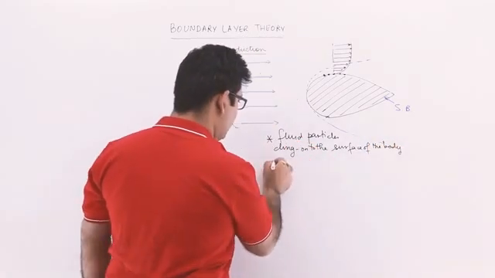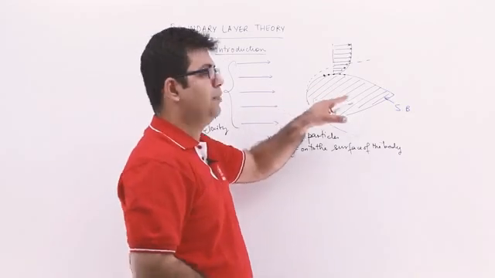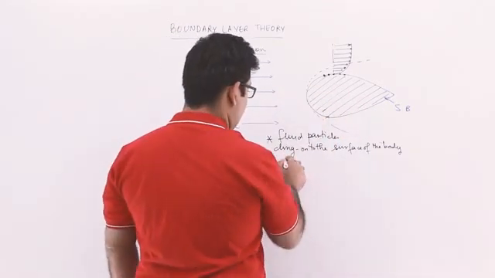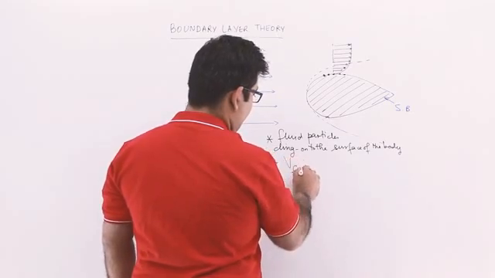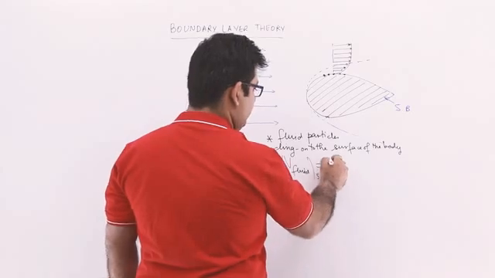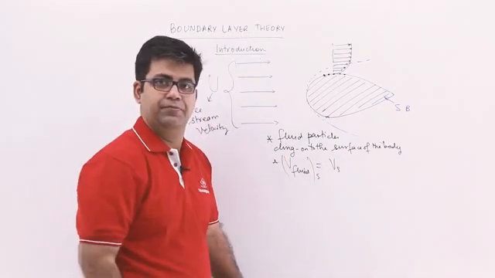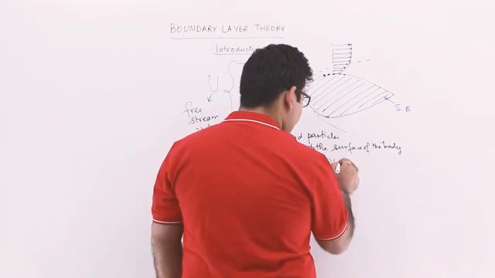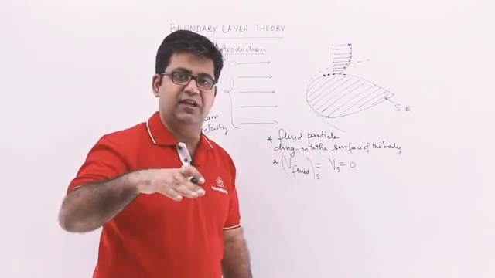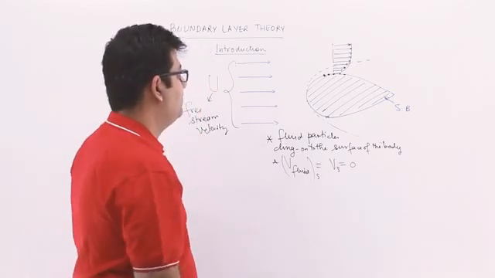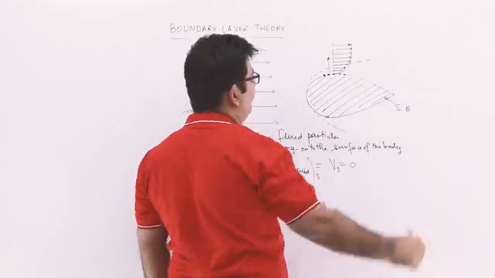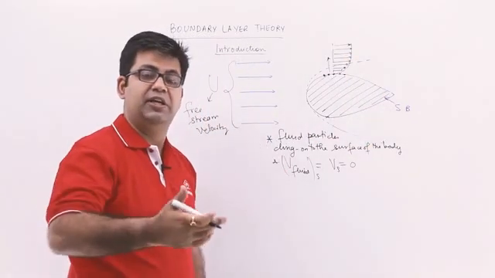This means that the velocity of these fluid particles would be the same as the velocity of the surface of the body. The velocity of the surface is zero, so the velocity of the fluid at the surface is also zero.